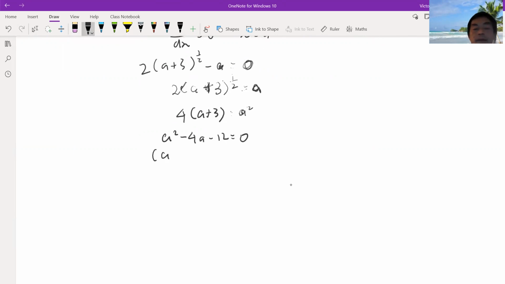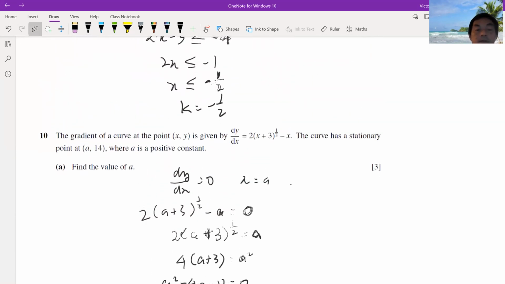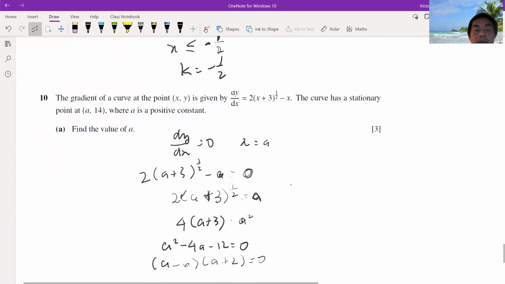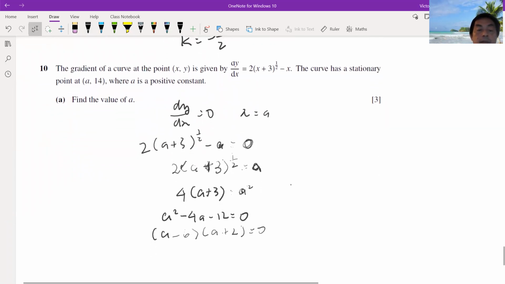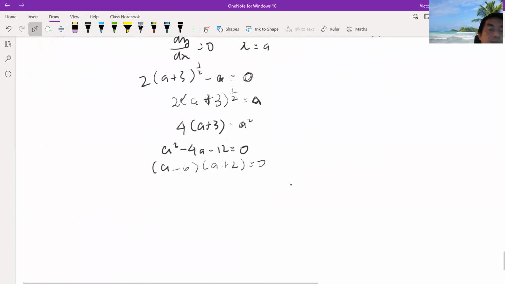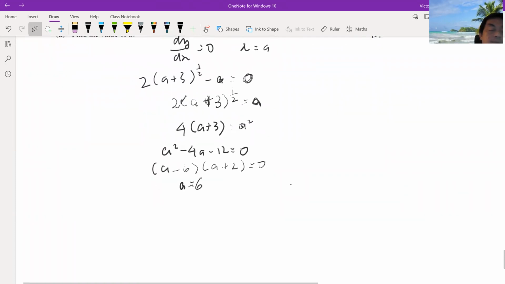Factorizing, (A - 6)(A + 2) equals 0. So you have one value of A only, where A is a positive constant. So A will be 6. That is the answer.